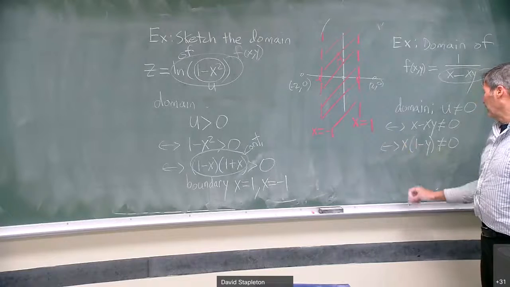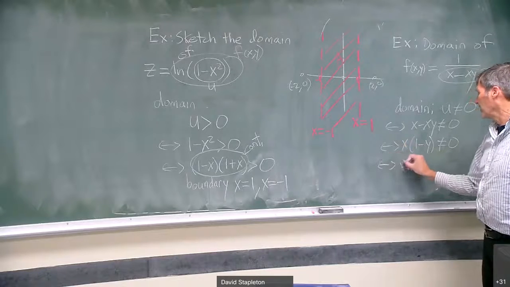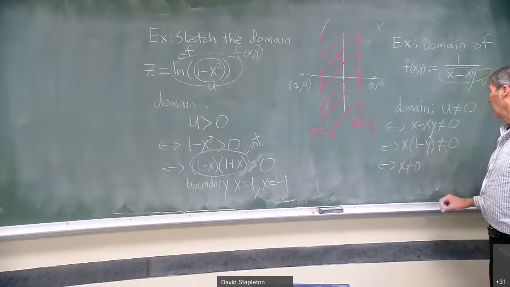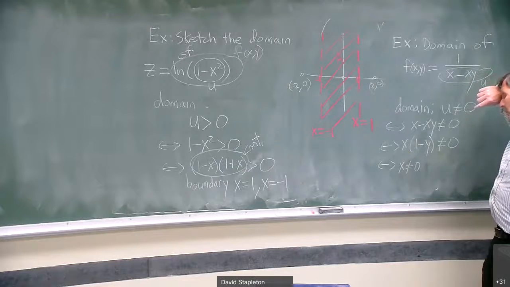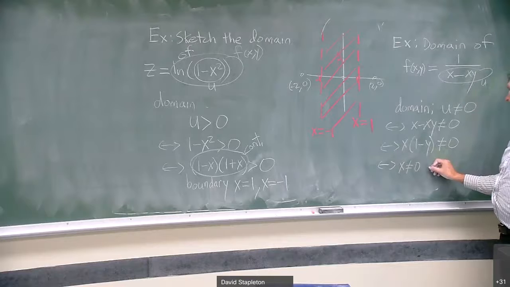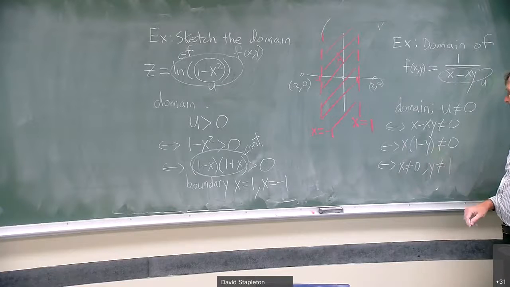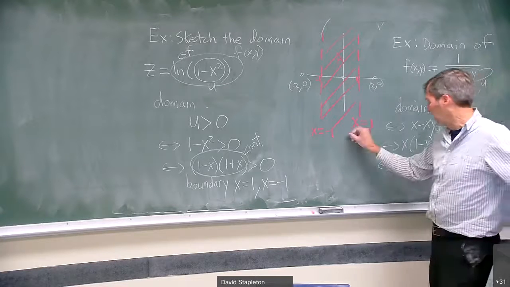And this means x is not equal to 0, and at the same time, so we'll put or, and so x can't be 0, and y can't be 1. So it's this plane region.